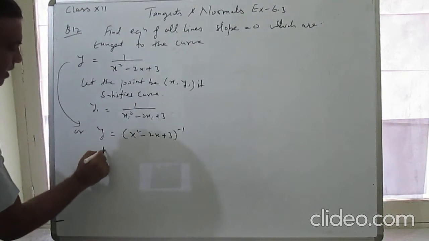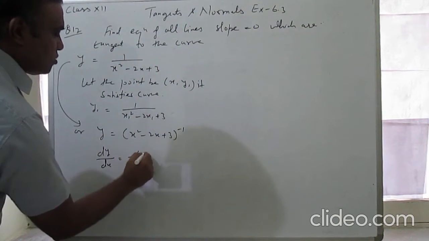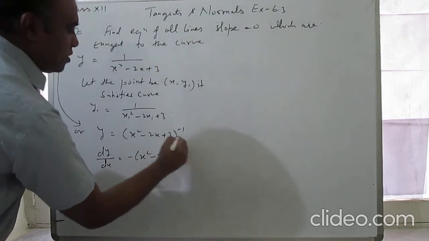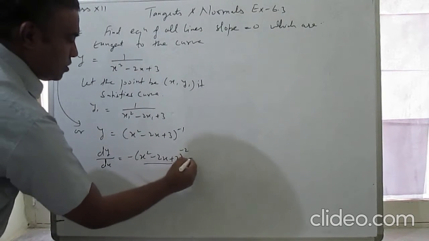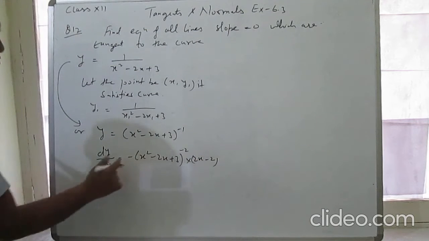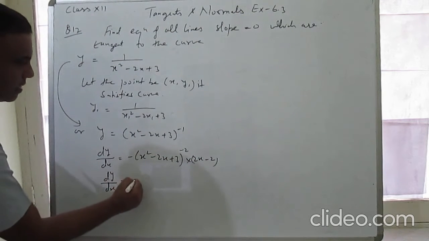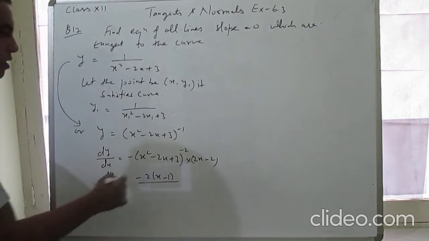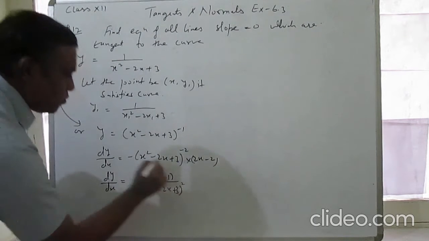Now differentiate it, dy by dx is equal to minus x square minus 2x plus 3 to the power minus 1 minus 2 into differentiate of this function of function 2x minus 2 plus 3 का 0. So finally dy by dx is equal to क्या आ गया, minus 2 कॉमन ले लीजिए, x minus 1 upon x square minus 2x plus 3 की पावर 2.